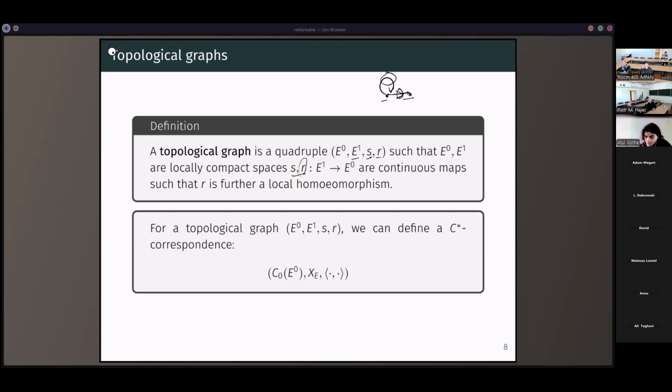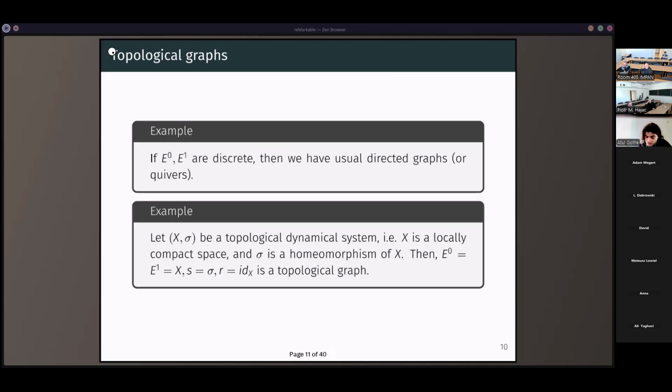So once we have such a topological graph, an example would be if we have E0 and E1 with the discrete topology. If E0 and E1 are discrete, then we have just the usual directed graph.